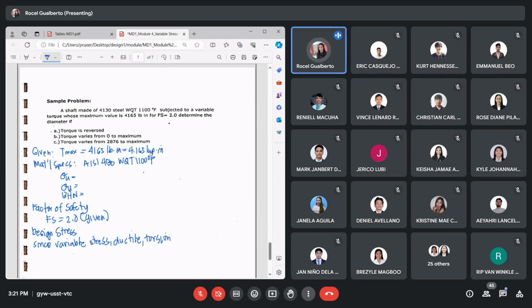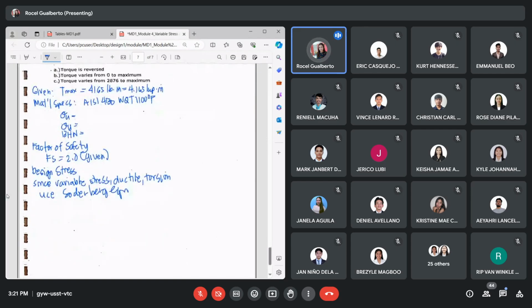So we have variable stress, ductile, torsion, therefore use the Soderberg equation in the form of tau. You will be using 1 over Fs equal to tau m over tau y plus tau a over tau n. That is our equation.